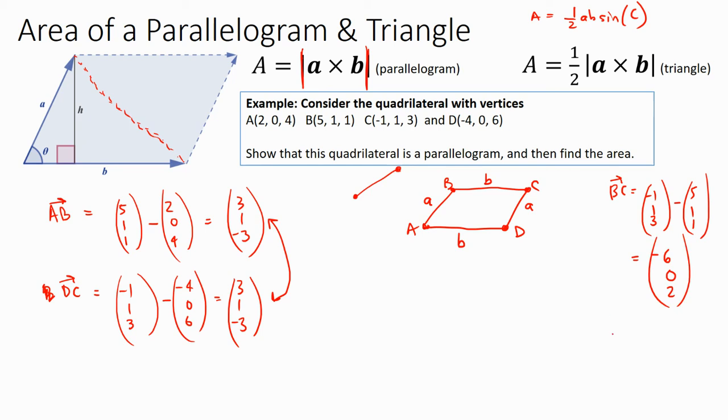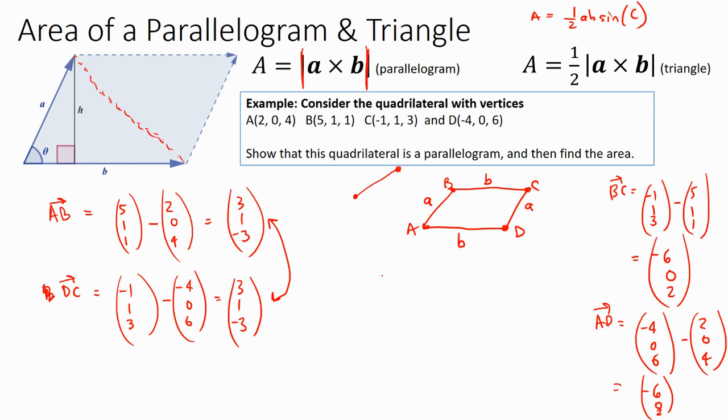And the last one is AD, which is D minus A. So negative 4, 0, 6 minus 2, 0, 4. That's negative 4 minus 2 is negative 6, 0, and 6 minus 4 is 2. And we can see those are exactly the same. So they're not only parallel, but they'll have the same length. So we've shown that it's a parallelogram.